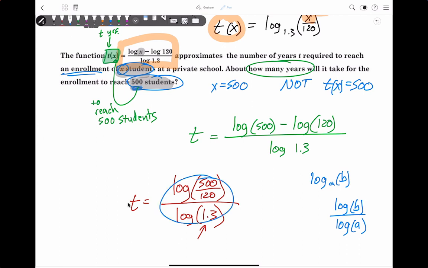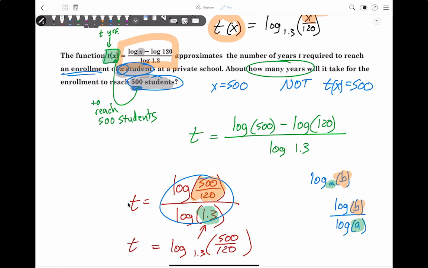So down here is just the base. If I wanted to combine it all as one, I could say log base 1.3 of what I have up top, the original argument, which you could rewrite as 500 over 120.